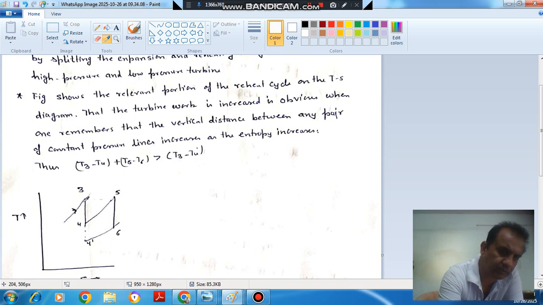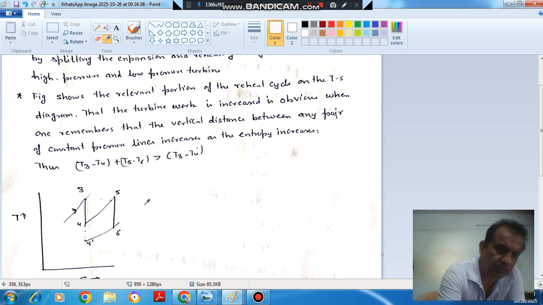We are not expanding the gas throughout from 3 to 4 dash. We are taking the gas from the first stage and reheating the gas to T5 and then expanding it in the next. So this is your reheat.